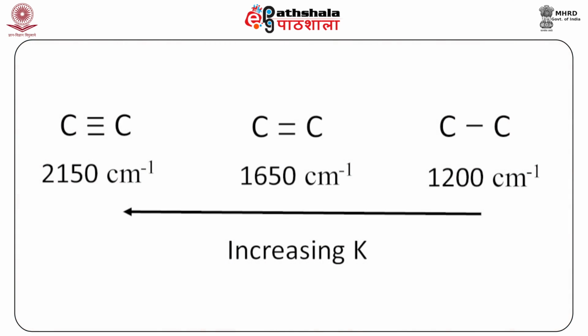Now students, the triple bonds, as you know, are stronger than the double bonds, followed by the single bonds between the same two atoms involved, and hence vibrational frequency is of the order of triple greater than double greater than single bond. As you can see, the values for triple, double and single bonds are given here, and you can see how the force constant is increasing for triple bond, then double bond, then single bond.